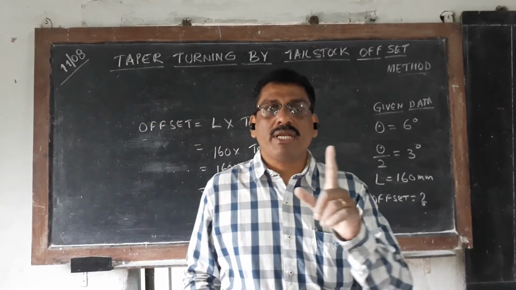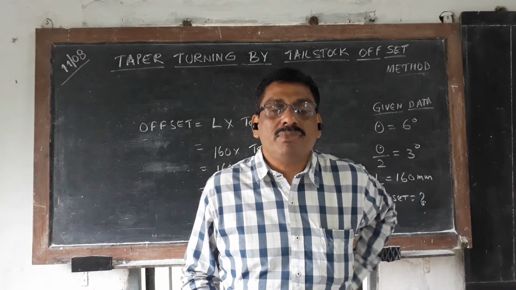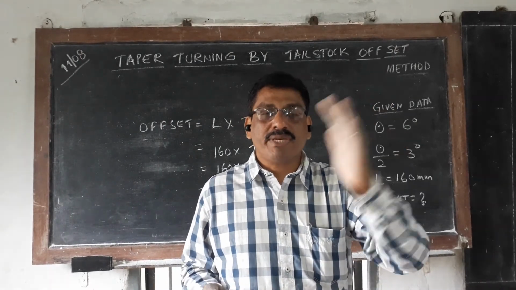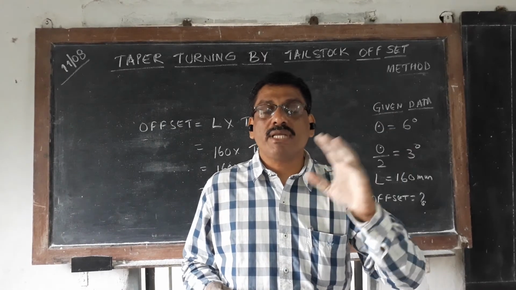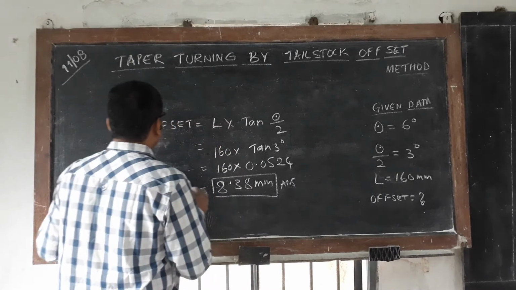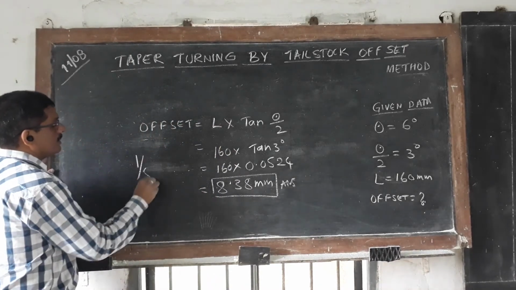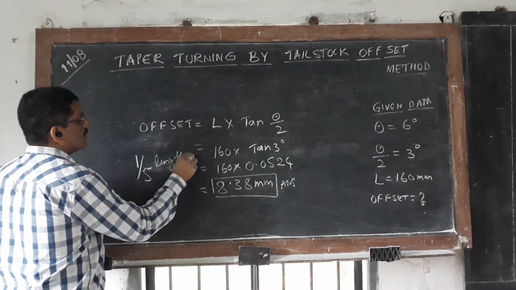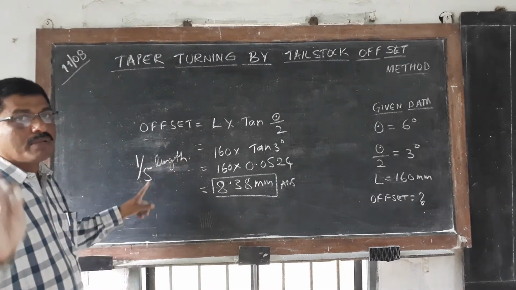And one more thing you keep in mind, it will be asked many times. The maximum shifting, the offset of the tail stock, should not be more than 1/5 of the length of the job.